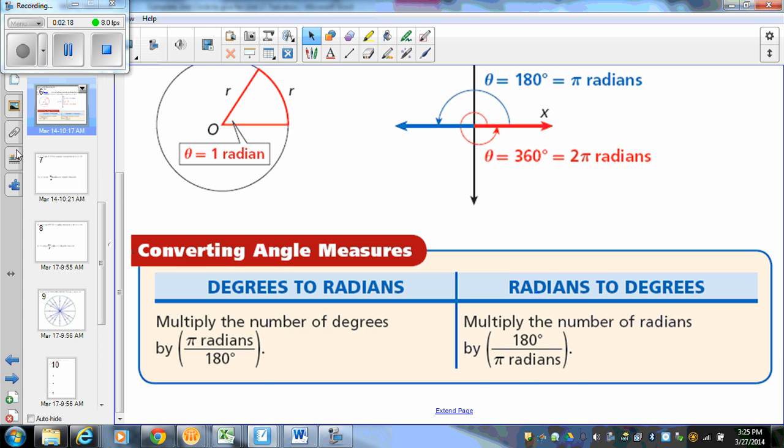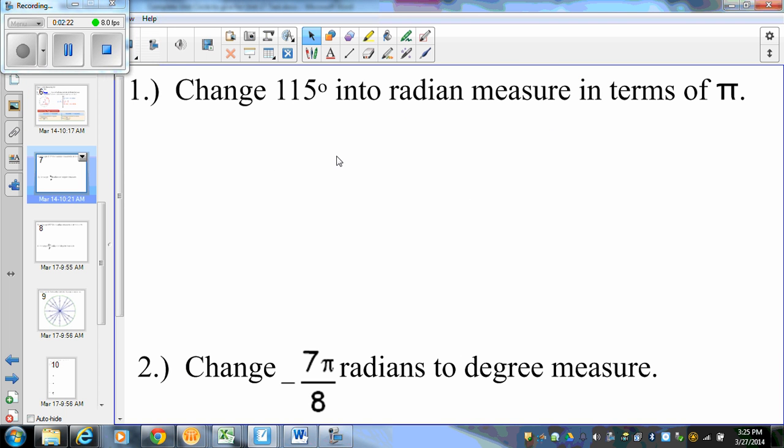So let's see an example of it here. We want to change 100 degrees into radian measurement in terms of pi. And what that means in terms of pi is that when I'm done, I should have an answer like 2 pi over 3 radians. It should have a pi in the answer when I write it down.